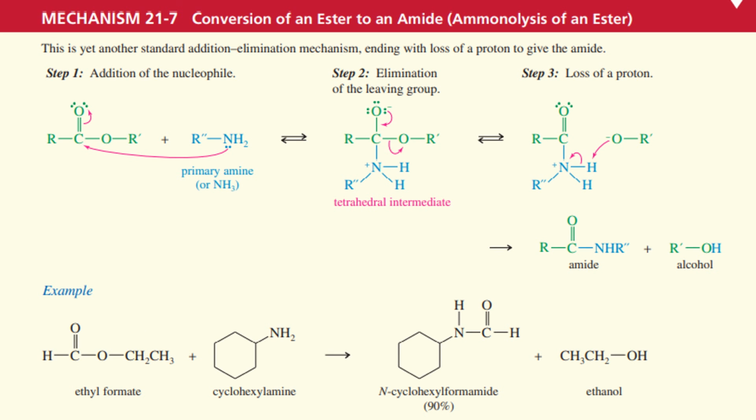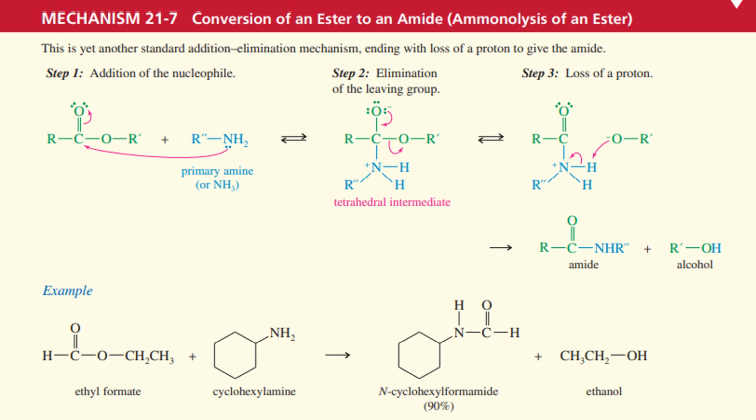Conversion of an ester to an amide. Esters are less reactive than anhydrides, but they can be converted to amides by heating with ammonia or an amine. This reaction is called ammonolysis, where lysis means cleavage by an amine. Ammonolysis using ammonia gives a primary amide. Primary amines react to give a secondary amide, but secondary amines often react slowly to give a tertiary amide.